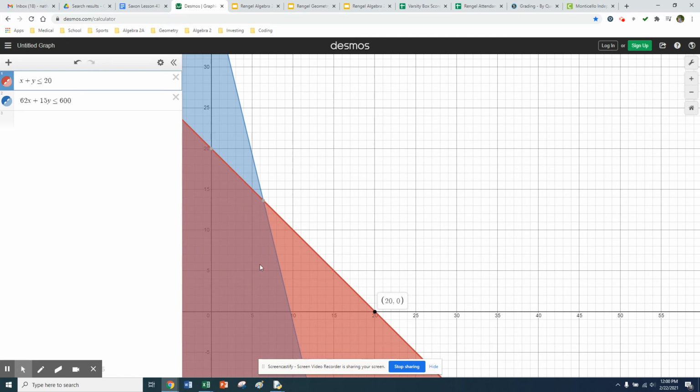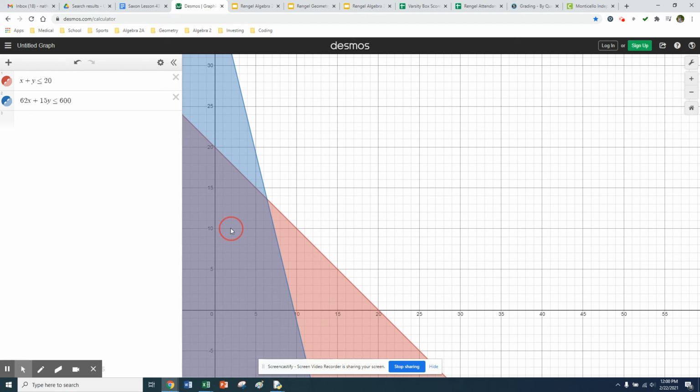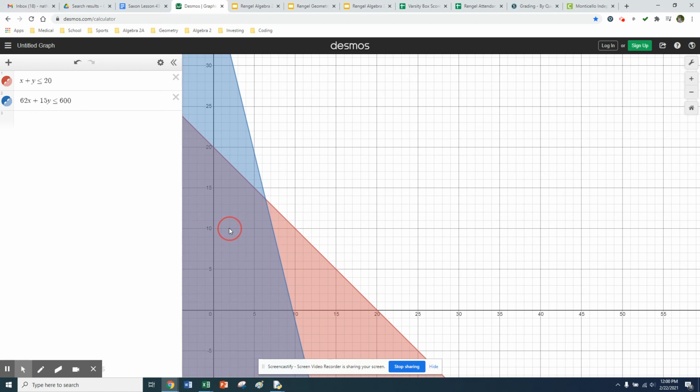So we only have $600 to spend. So inside of the blue, we have all of our combinations that will add up to less than or equal to 600. Now the overlapping region would be the ordered pairs that satisfy both inequalities. So inside of here, like for example, a point right here, which is (2, 10), that's going to be 2 box seats and 10 bleacher seats.